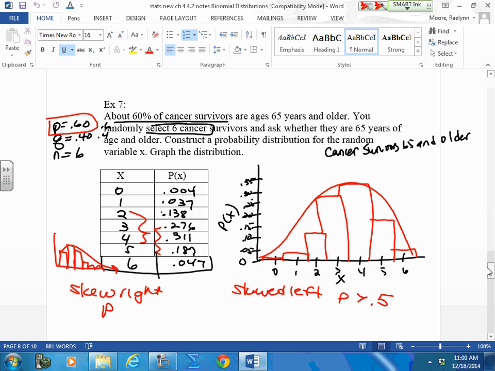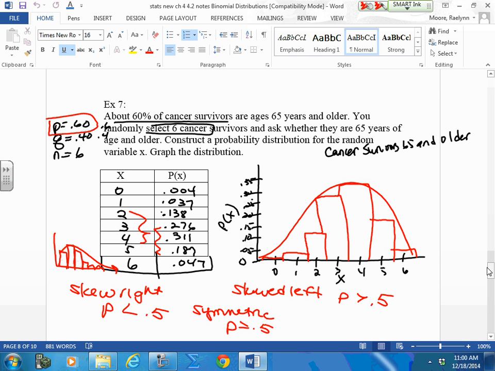For less people to have this. Less than 0.5. If I have no skew and I'm fairly symmetric, then my probability was 0.5.